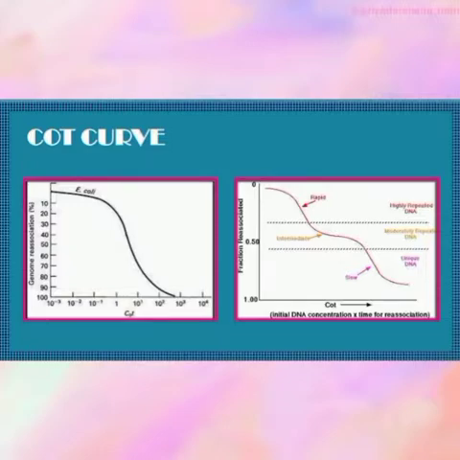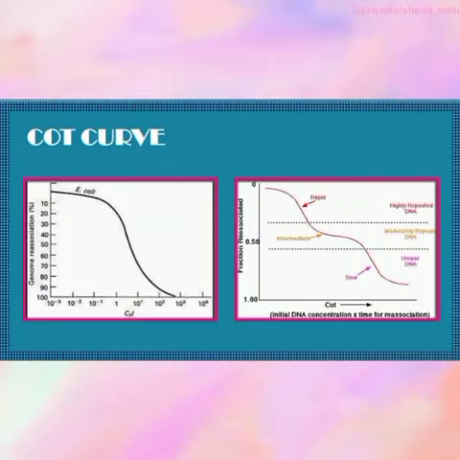For eukaryotic DNA, COT curves are not simple sigmoid curves. Computer analysis generally resolves them into three characteristic portions of the genome, with each component having its own COT half value. Number one, highly repeated DNA, which is present at an average of 50,000 copies per genome, that is about 10% of the total DNA.